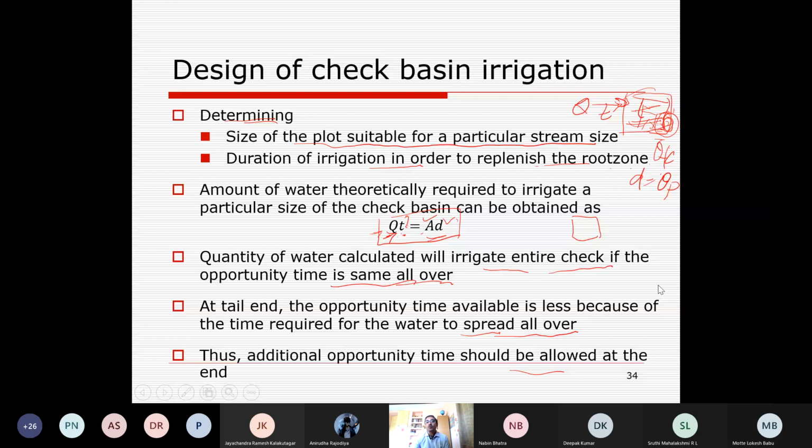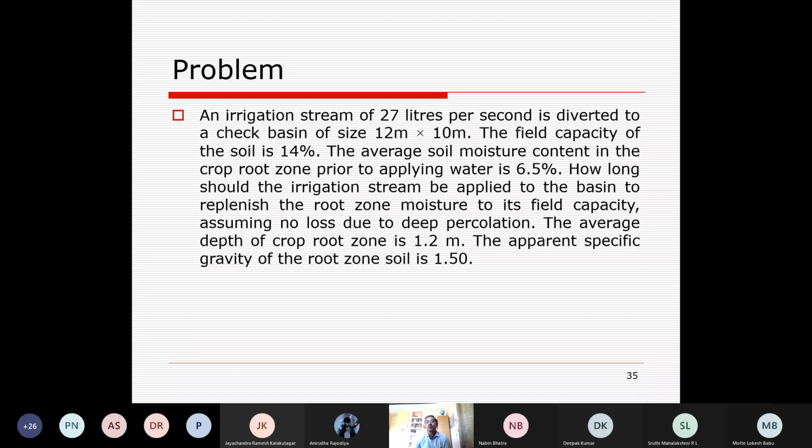So can you check this question if you can handle this? An irrigation stream of 27 liters per second is diverted to a check basin of size 12 meter by 10 meter. That is the size. The field capacity of the soil is 14%.